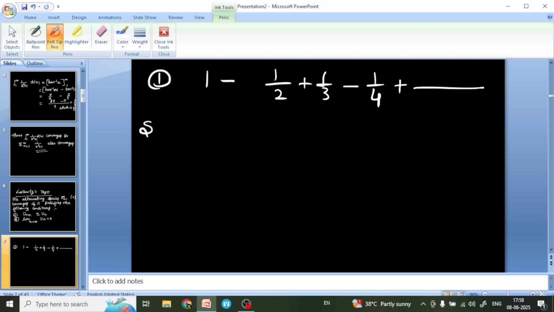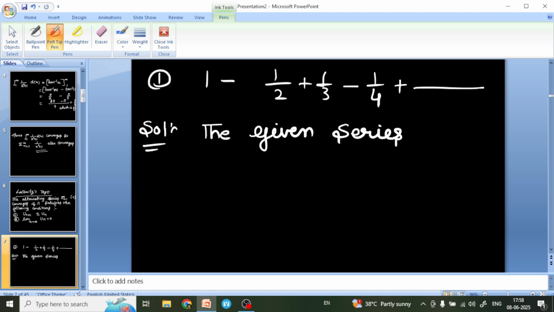First of all, write the given series in the format in which it is given. The given series is sigma infinite n is equal to 1 of (minus 1) raised to power n minus 1 into 1 by n.